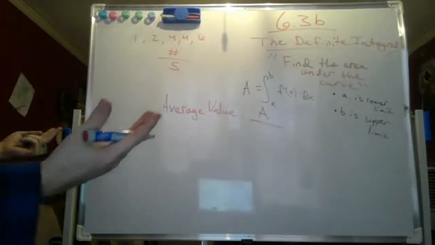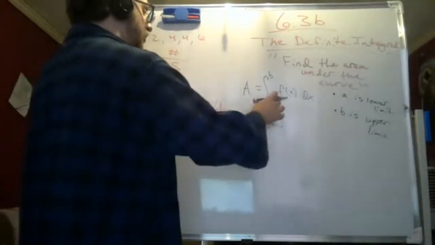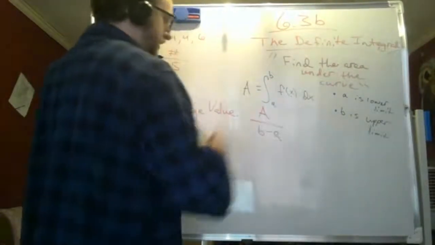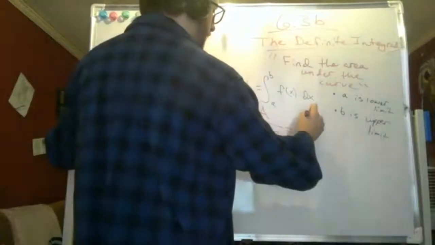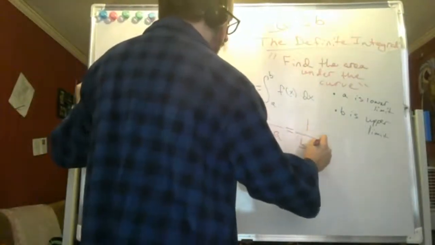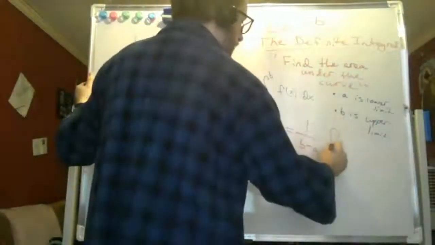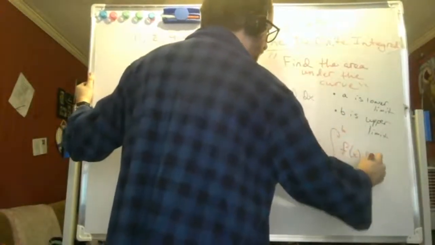But how many numbers did I cover? Well, I specifically covered the interval from a to b. In other words, b minus a. And so what does this actually work out to be? You just end up with a fraction on the outside, 1 over b minus a, times the integral from a to b of f of x dx.